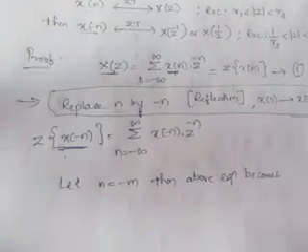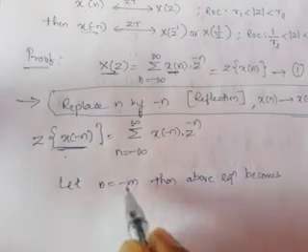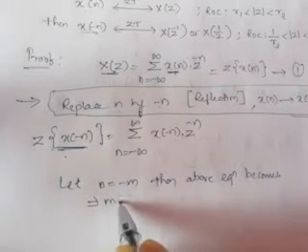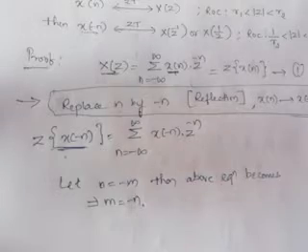what happens, n equal to minus m, or we can write m equal to minus n, both are same.